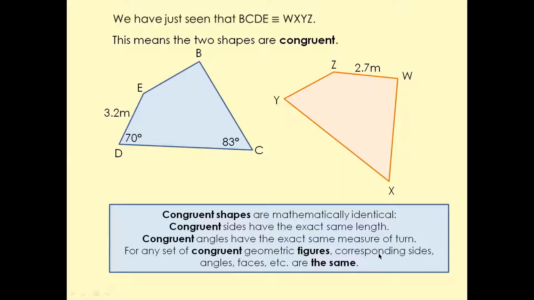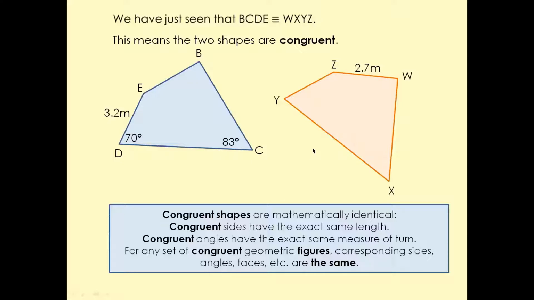Now, the most important thing: if the shapes are congruent, that means corresponding sides, corresponding angles, and so on, are all going to be exactly the same. In the exam, they won't ask you anything else. They will only ask you to look at two things: sides and angles.